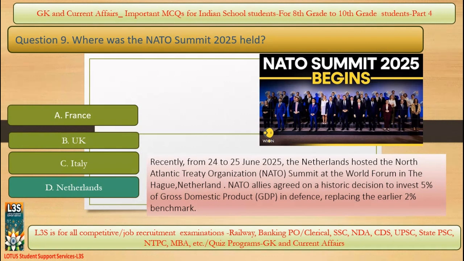NATO means North Atlantic Treaty Organization. At the World Forum in The Hague, Netherlands, NATO allies agreed on a historic decision to invest 5% of GDP in defense, replacing the earlier 2% benchmark.